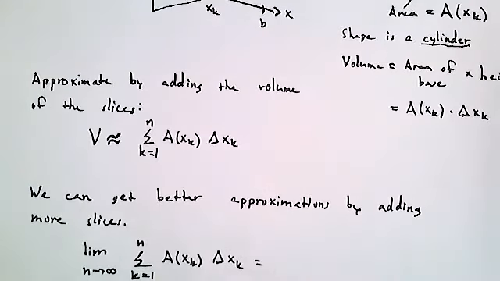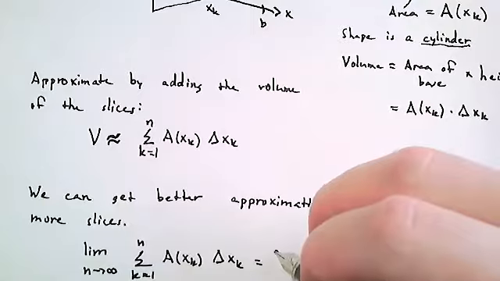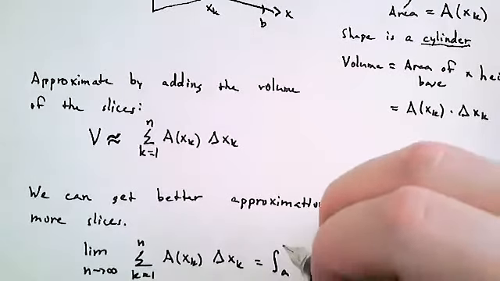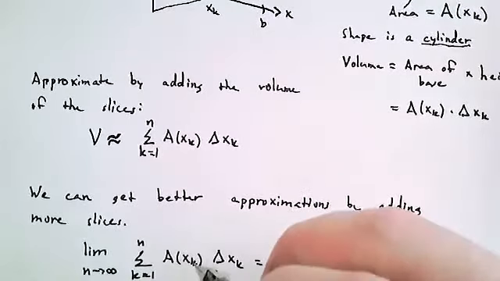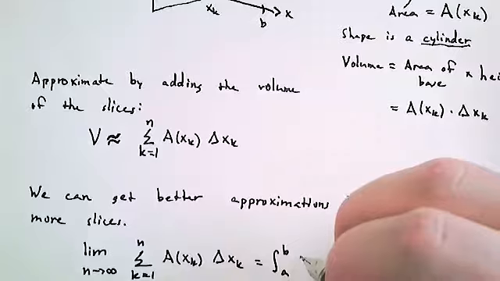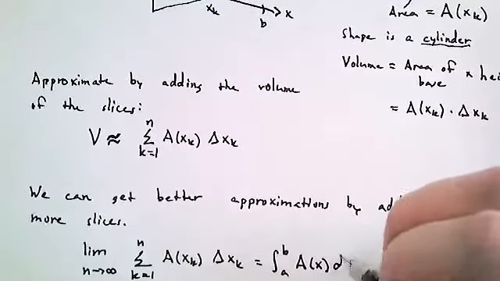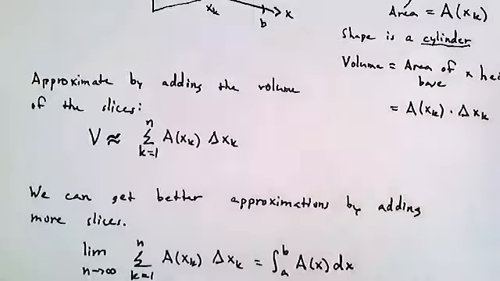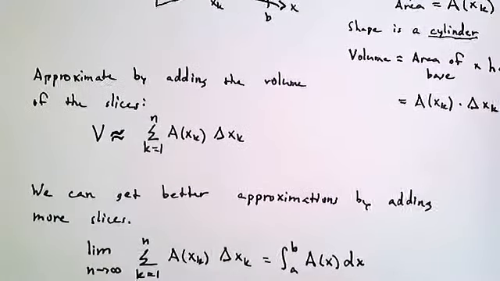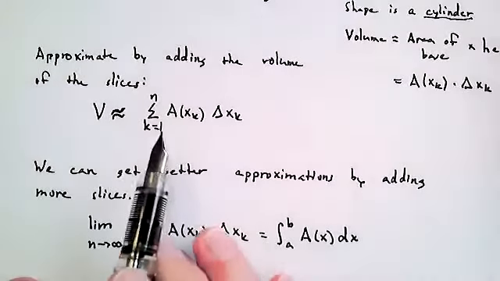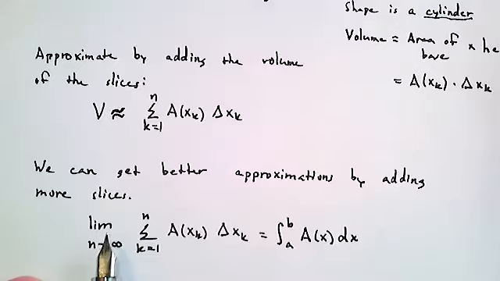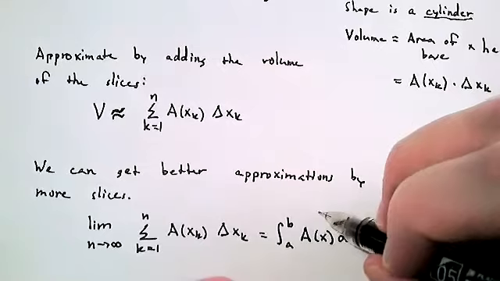So this is really the integral from A to B of my area. So we've taken an approximation, and by adding more and more slices, more and more cylinders, we get an exact volume.